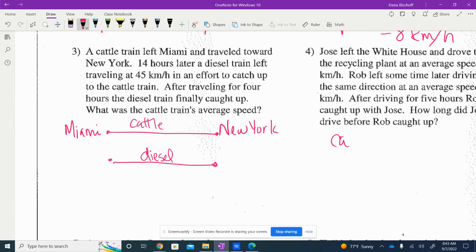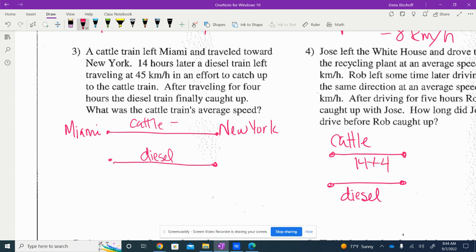How long was the cattle train driving before the diesel train left? How long was the cattle train on the road? Yeah, 14 hours. And then it says after 4 hours, the trains finally caught up to each other, right?